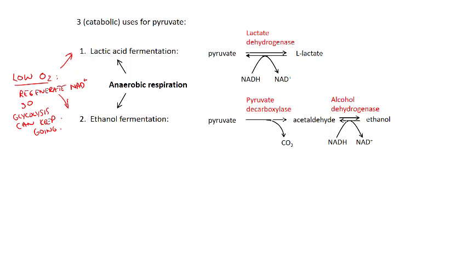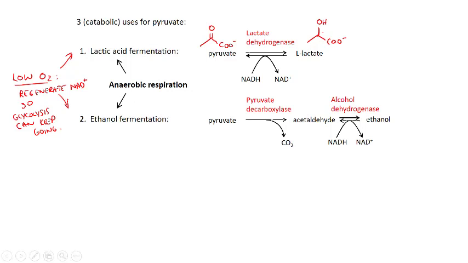So what are we going to do? What we're going to do is we are going to reduce our pyruvate. And there's two possible reactions for doing this. The first is called lactic acid fermentation. Pyruvate reacts with NADH. NADH reduces pyruvate to form lactate, which is this molecule right there.